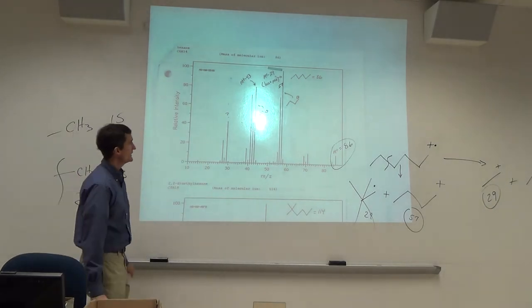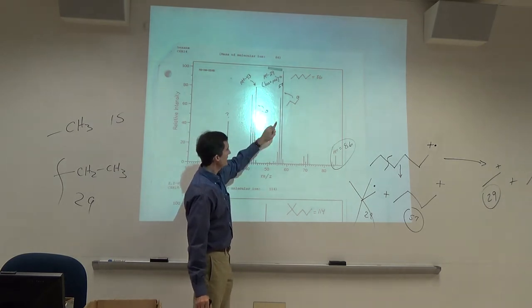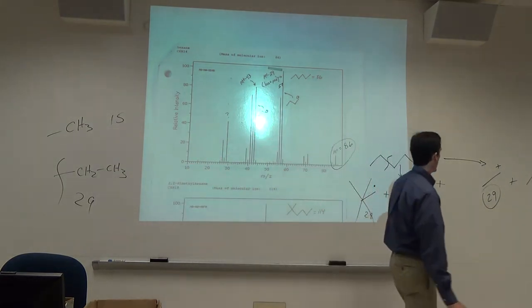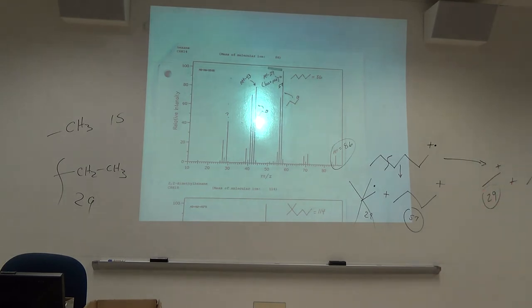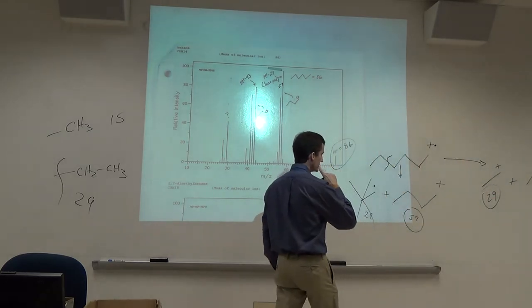There's other ways to cleave. I cleave sort of right in between and got this cation. Which is a better way to cleave? Not based up there, but based here. Look what we have. Actually, I should put the plus.